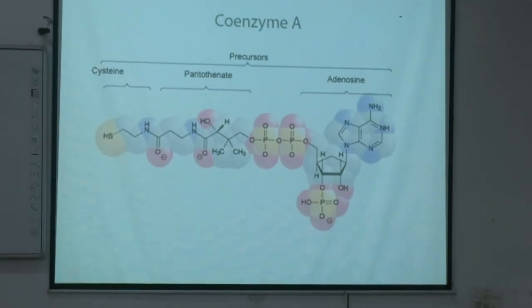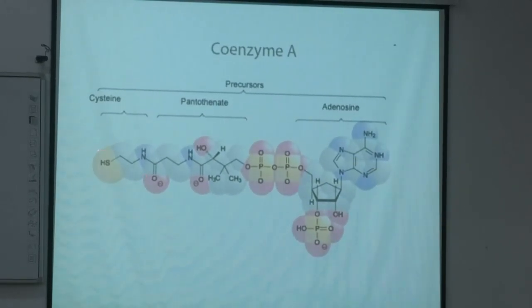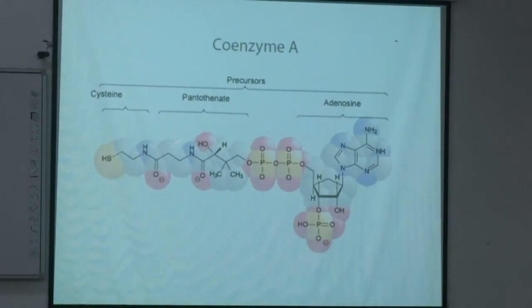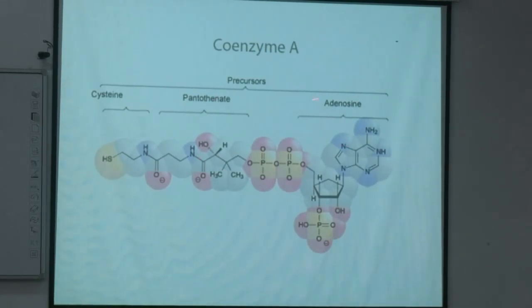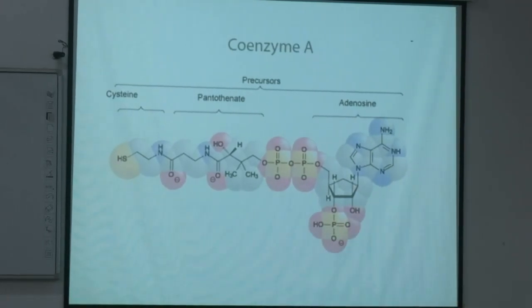Now this is the structure of coenzyme A. This SH is very, very important. Now we come to this part: pantothenic acid in the middle, and on the right side, this is adenosine.